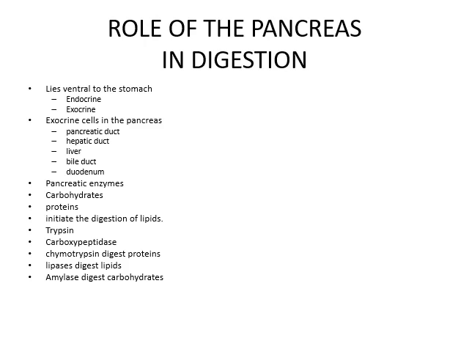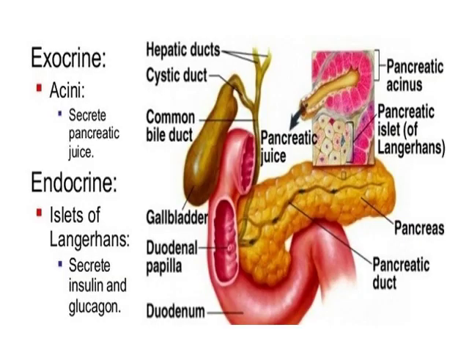Digestion is done by the enzymes trypsin, carboxypeptidase, chymotrypsin, lipase and amylase. Here is a diagram where endocrine and exocrine tissues of the pancreas exist, which secrete pancreatic juice. Islets of Langerhans secrete insulin and glucagon.